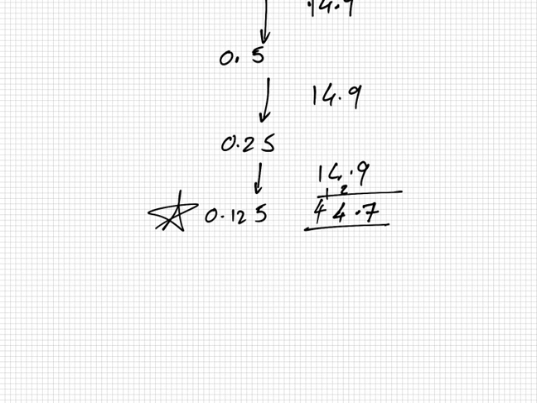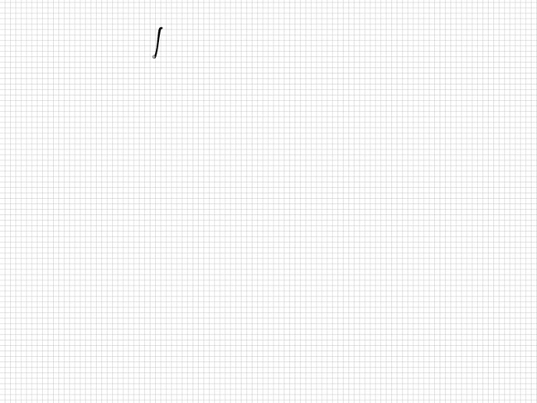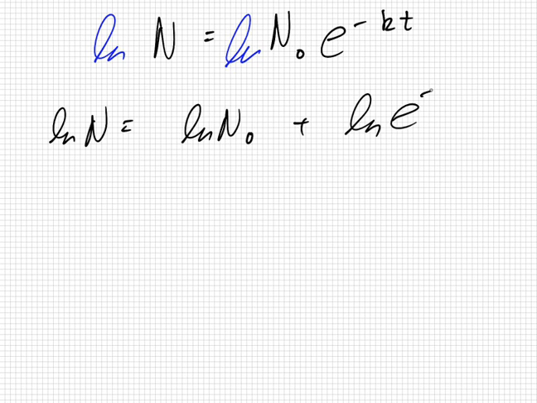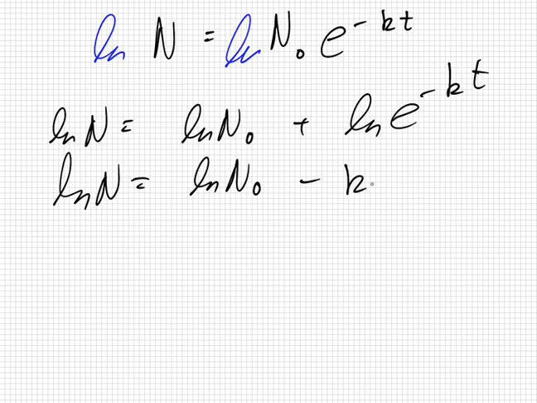So if you look here, if I have n equals n0 e to the minus kt, if I put log on both sides, I get log n equals log n0 plus log e to the minus kt. So I get log n equals log n0 minus kt.